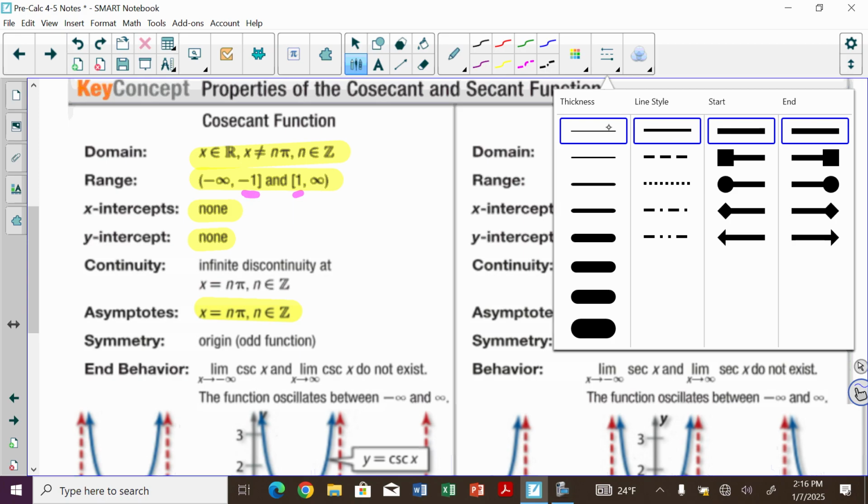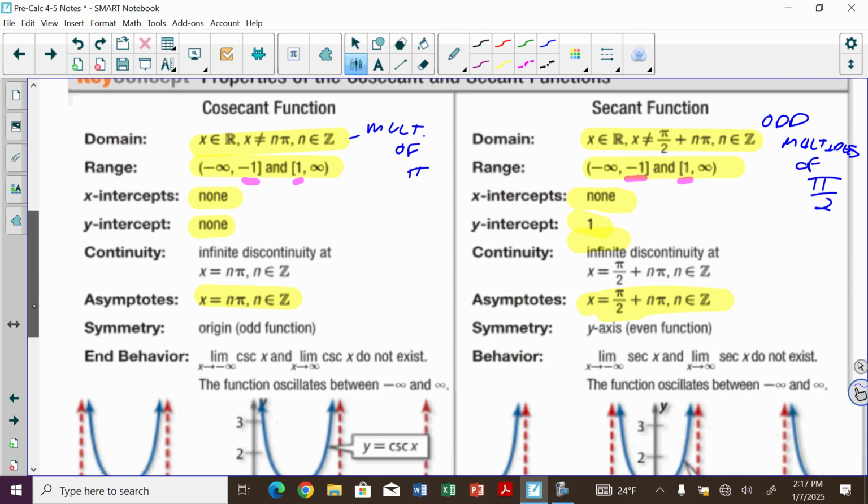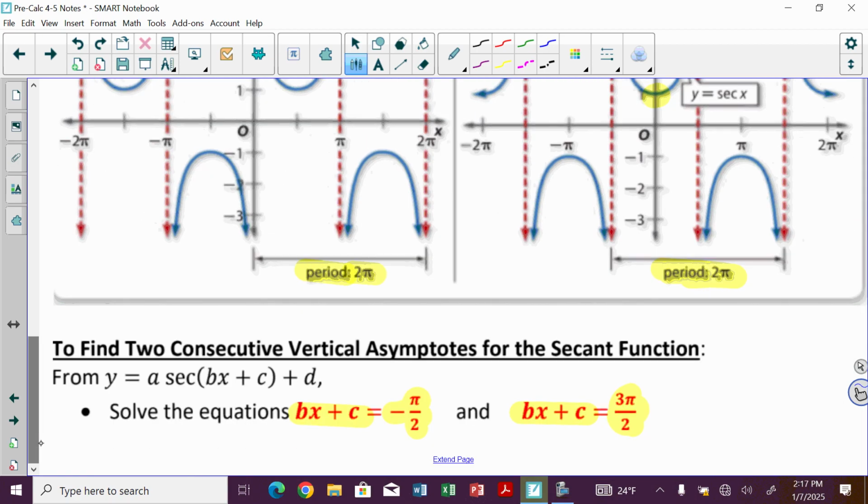So up here, just to point it out, for the domain in cosecant, we're talking again multiples of pi. And in secant, we're talking odd multiples of pi over 2. So pi over 2, 3 pi over 2, 5 pi over 2, et cetera.